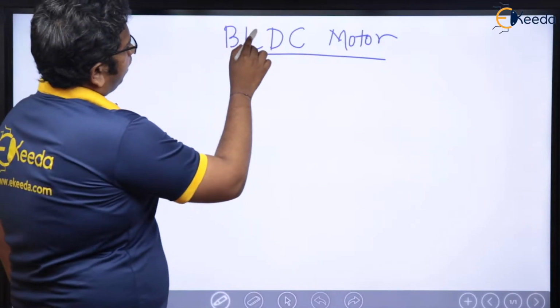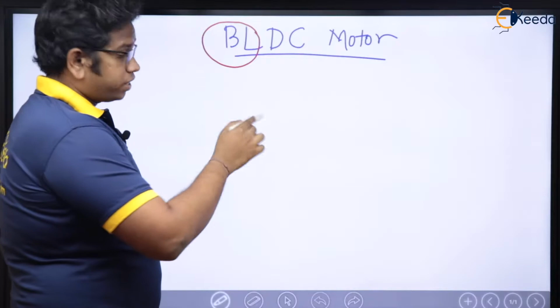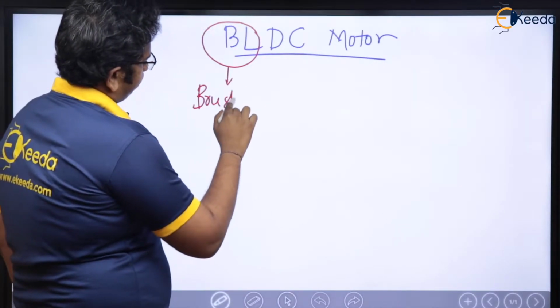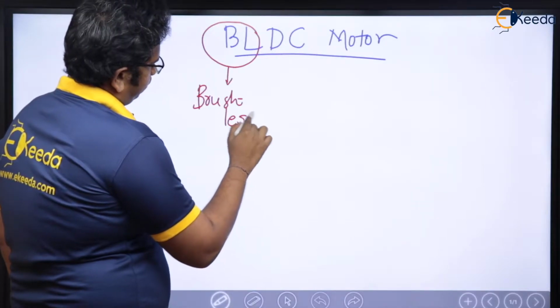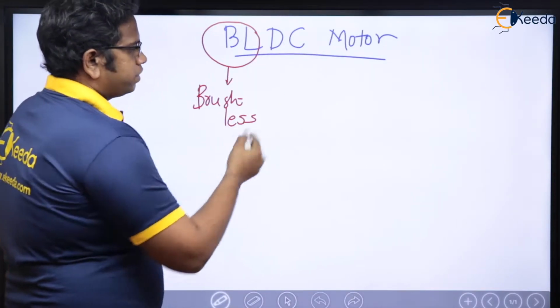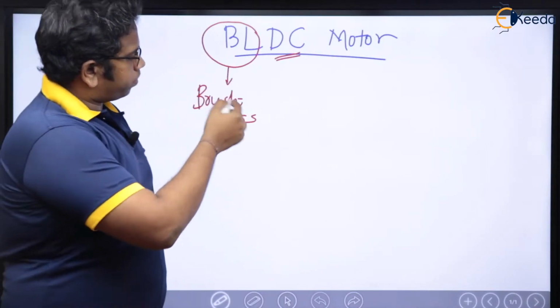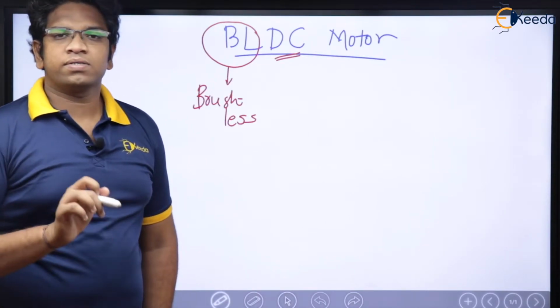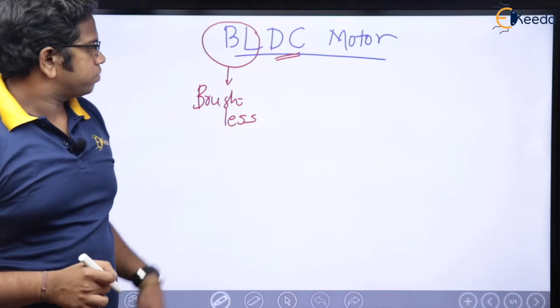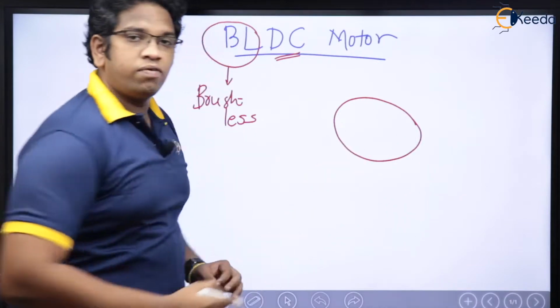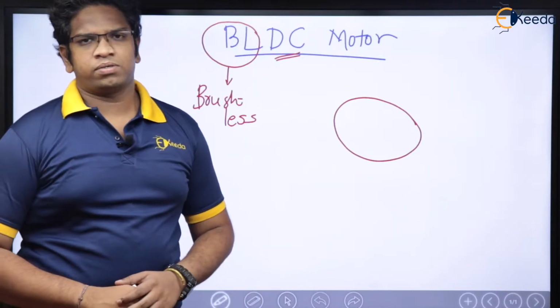BL indicates brushless. DC is nothing but DC only, and it is a motor. Now, what is the meaning of brushless DC motor? It means that in this particular BLDC motor structure, there will not be any brushes.